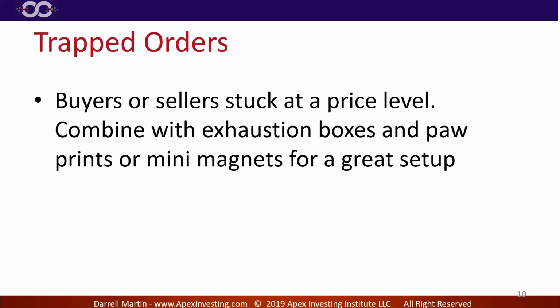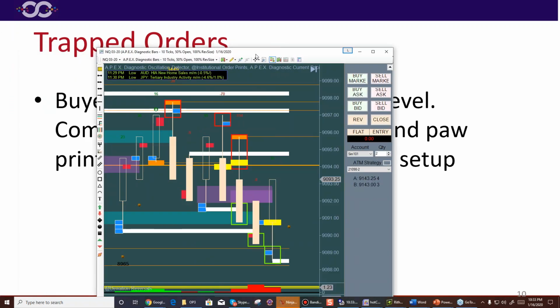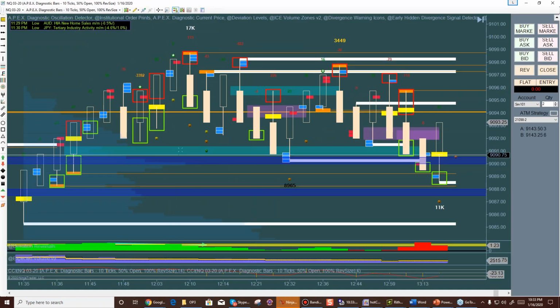That actually brings up two things that I need to show you before I move past trapped orders. I'm glad you brought that up. Okay, one. Have y'all ever noticed how the trapped orders appear and disappear, appear and disappear?